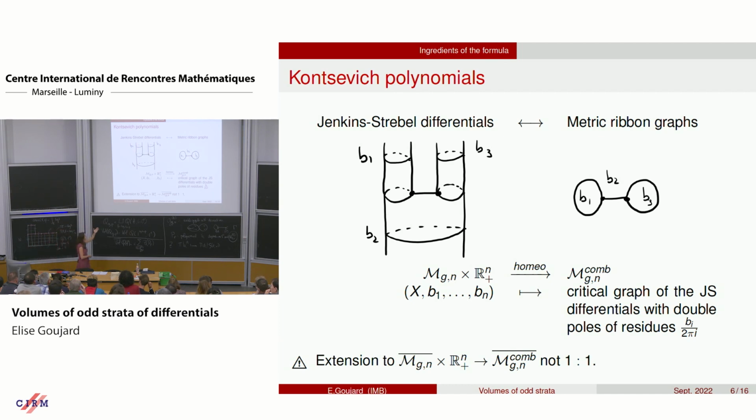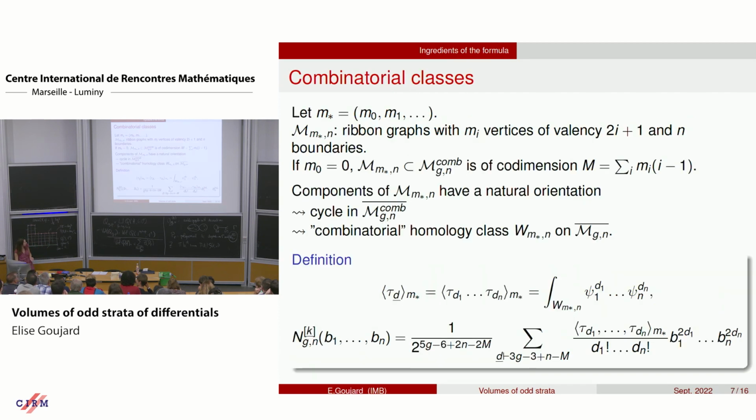So you need to forget these components to extend this homeomorphism. I will hide the technical point: the extension is actually to a quotient of this Deligne-Mumford compactification. But whatever, I will just pretend that it is the case.